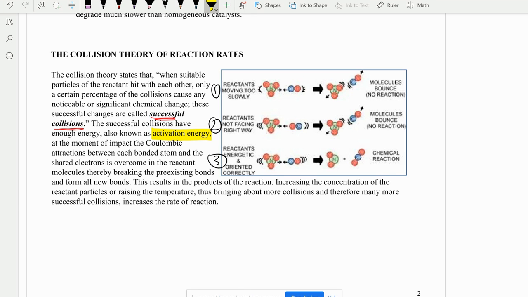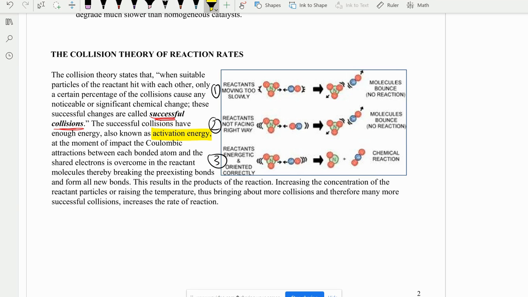When existing bonds break and form new bonds with other items, those are your products. So increasing the concentration of a reactant particle, raising the temperature, bringing in a catalyst, or increasing the surface area can bring about more of these successful collisions and therefore increase the rate of a reaction.